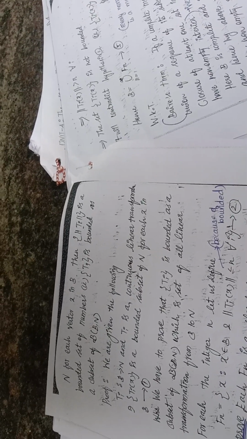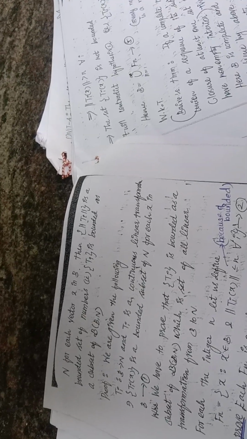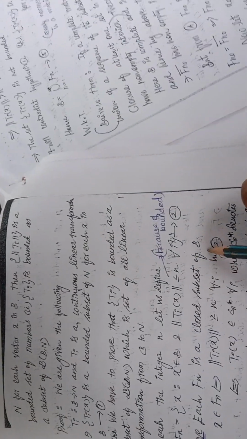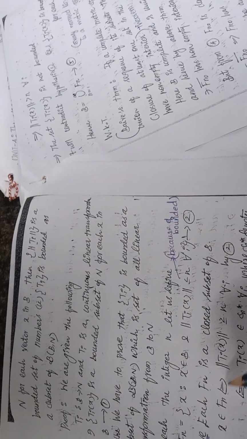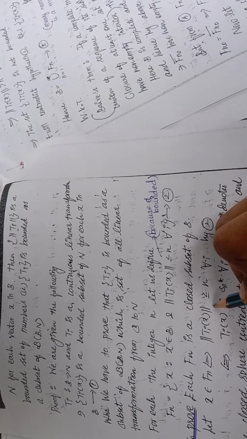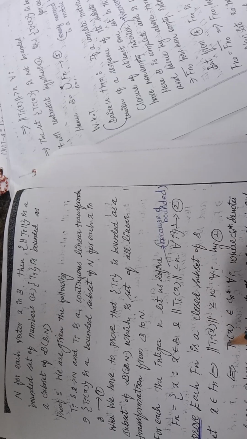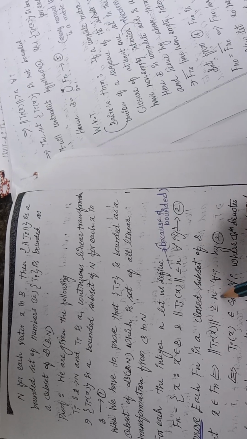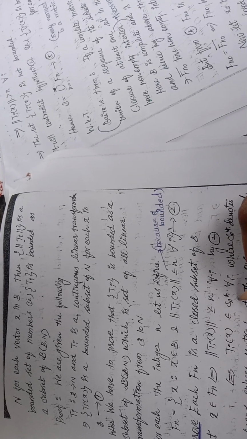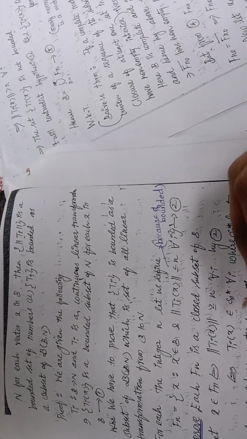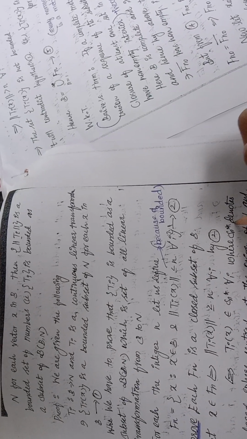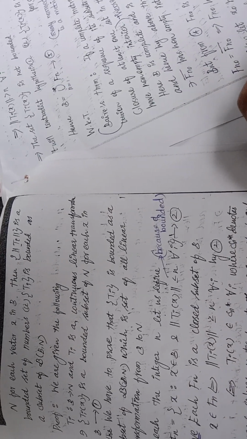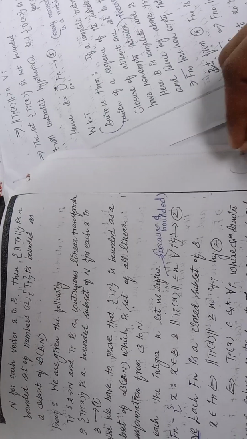Then we have to prove that each Fn is a closed subset of B. So x belongs to Fn means the norm of Ti(x) is less than or equal to n for all i, which implies Ti(x) lies in Sn*, where Sn* denotes the closed sphere centered at the origin in N.